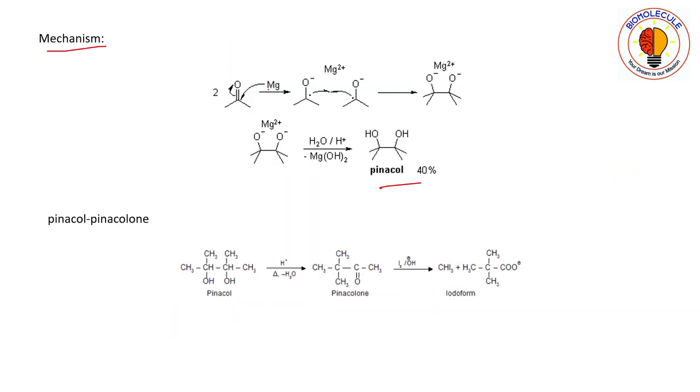So two molecules of acetone, magnesium. Magnesium is an electropositive metal. It readily loses two electrons to become magnesium 2 plus. So now here you can see this magnesium and two molecules of acetone.